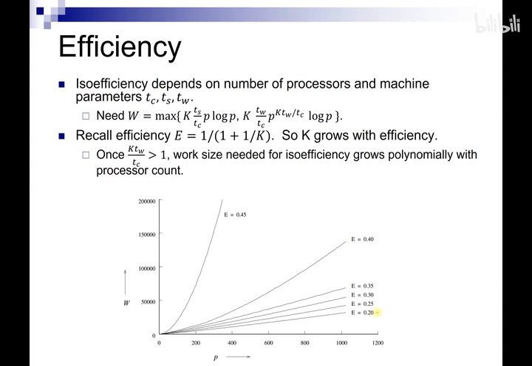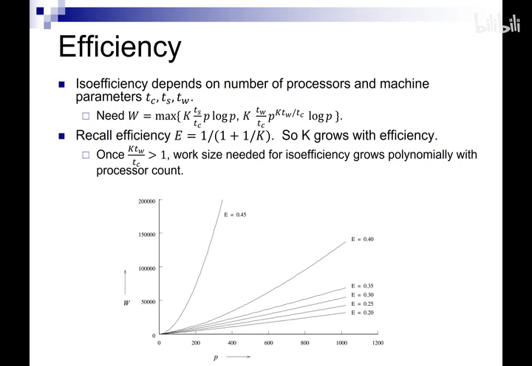So if you're shooting for a low efficiency, you can plug 0.2 in here and you can get a value for k. Oh, I'm sorry, I forgot to label these. This is for a certain setting of the TC, TW, and TS parameters.